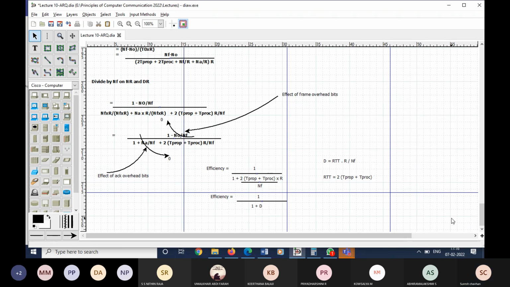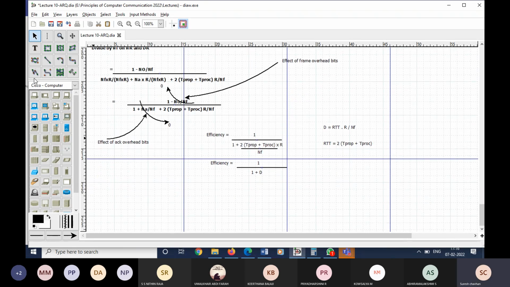So let's take one example. Let us consider round trip time is 30 milliseconds, and NF, the total number of bits in the frame, is equal to 12,000.